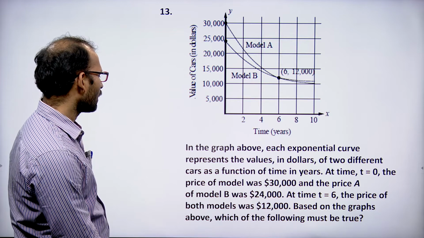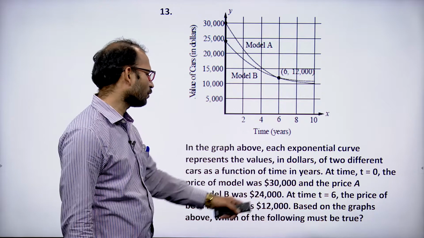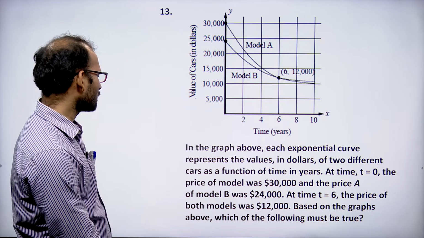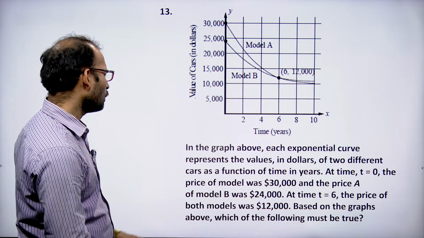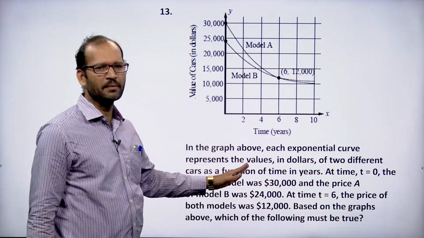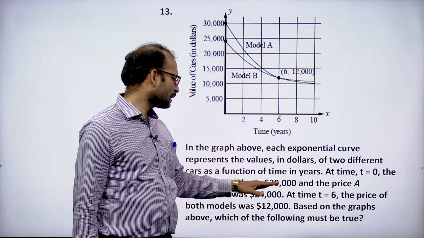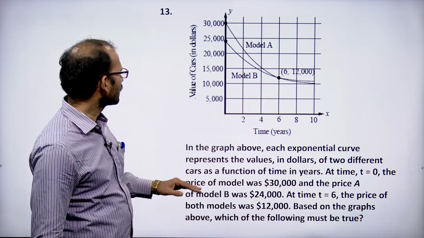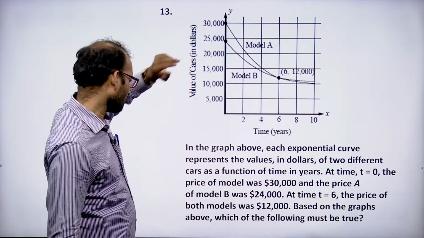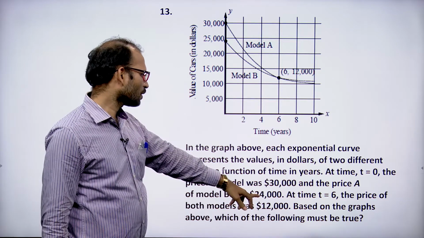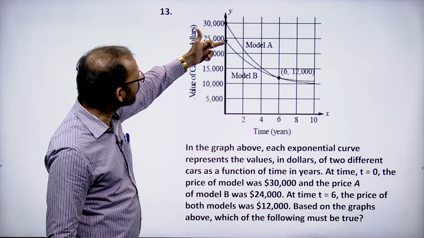The price of model B was 24,000. It is not 25,000, it is 24,000, less than that.